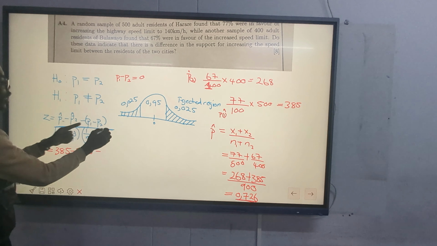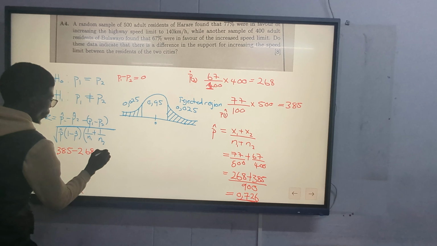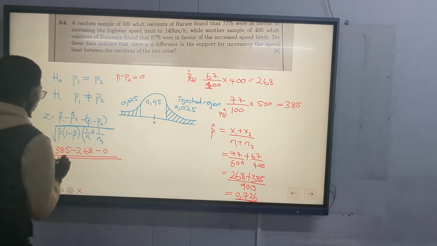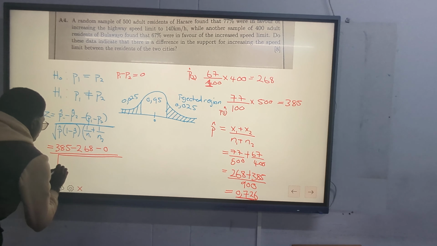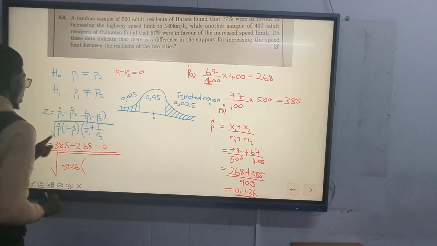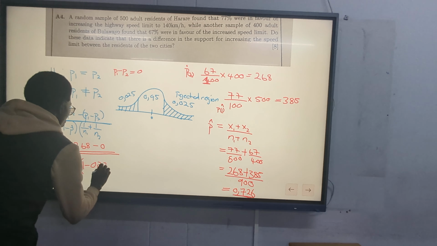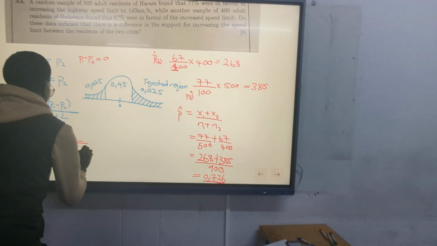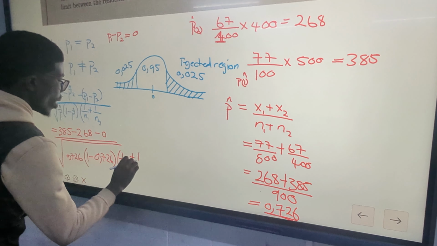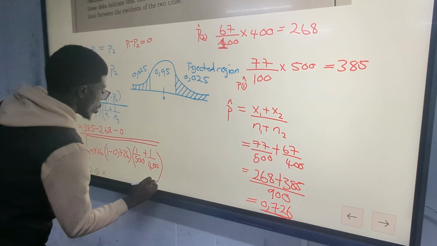So P1 minus P2 is equal to 0, so there's no need of writing it because it's 0. All over the square root of P hat, 0.726, open bracket, 1 minus P hat, 0.726, close bracket, multiplied by 1 over 500 plus 1 over 400, and then we close this bracket.